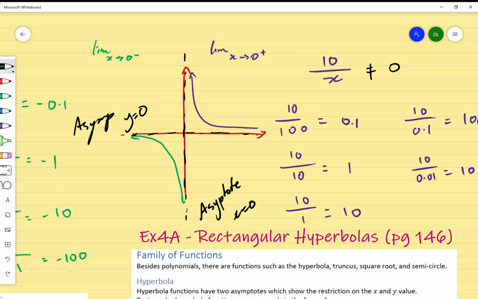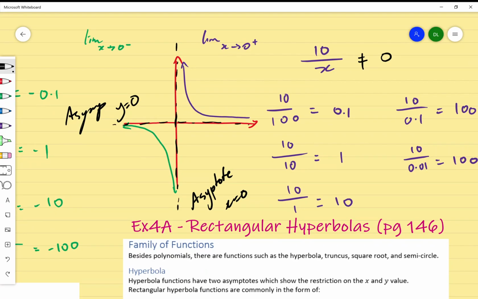I could put in x equals 1 and I get 10 over 1, an actual value besides 0. I could put in positive a million, negative a million, whatever it is, we still end up with a value that's greater or less than 0. And so typically with our rectangular hyperbolas, we have two asymptotes.